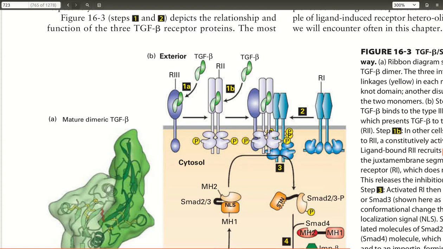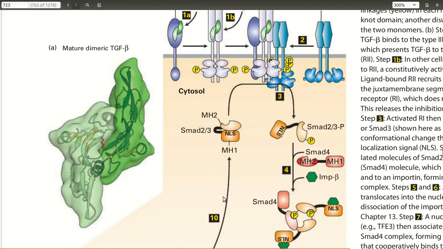And then R2 becomes a kinase. And so inside the cell, there are compounds called Smad 2 and 3, which have this general shape with a nuclear localization signal bound through a linkage to another domain called MH2.